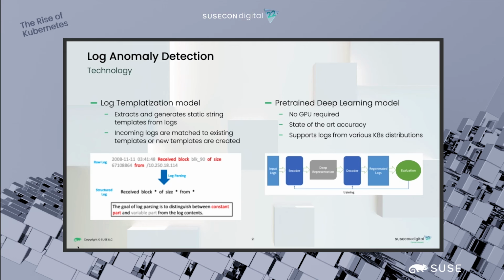You might ask, there are many log anomaly detection algorithms. Why did we choose this model? Let me explain. Algorithms of log anomaly detection can be categorized into supervised learning and unsupervised learning. The supervised learning models typically require a lot of human-annotated log data, which is time-consuming and very expensive to collect in the real world.